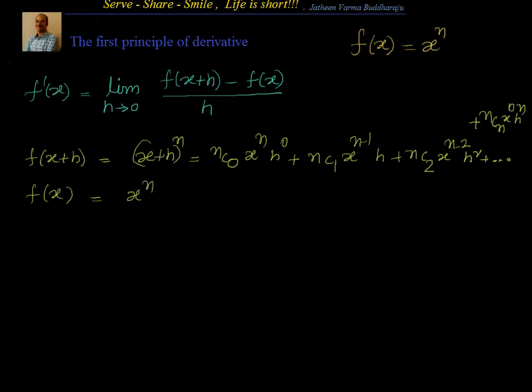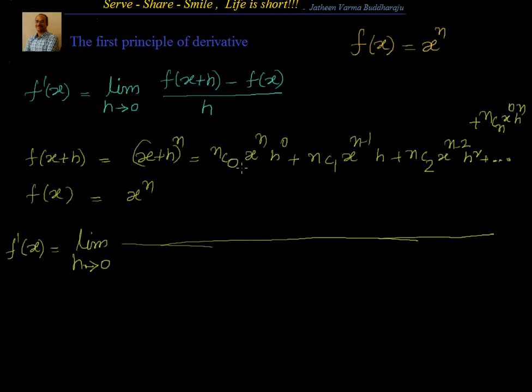So now let's try to find out the derivative. The derivative is given by f dash x equal to limit of h tends to 0. I have first f of x plus h, that is nothing but nC0 is 1. So can I say x to the power of n?